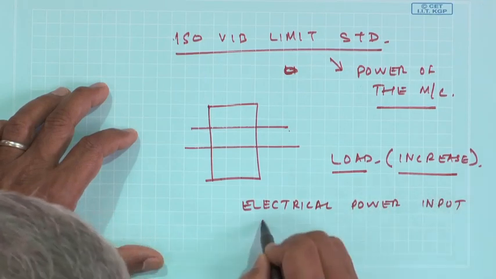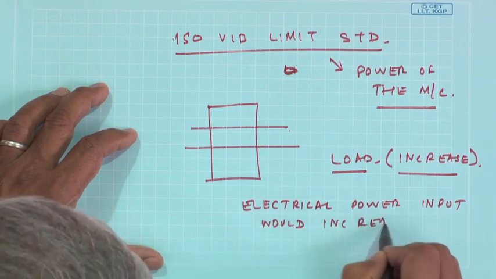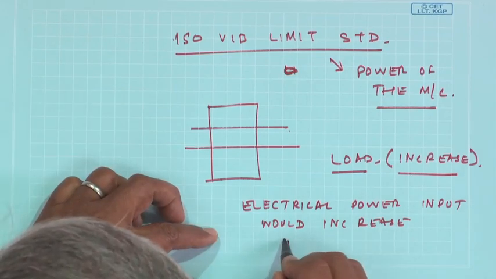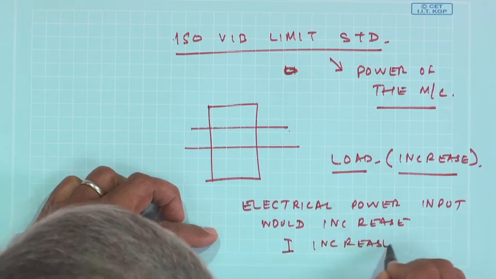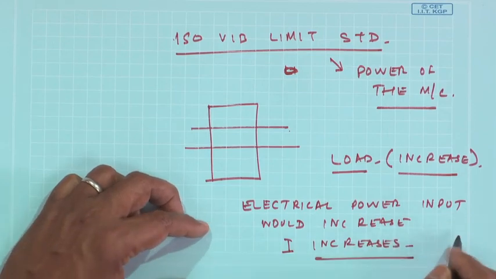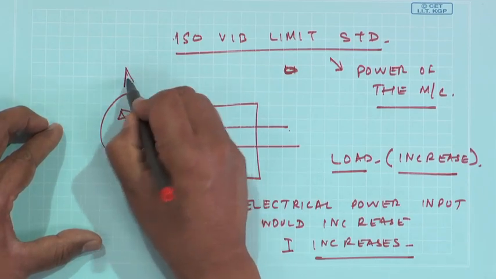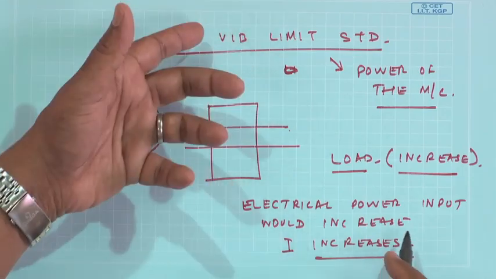Input would increase. So, for the same voltage, the current I increases. So, even just monitoring the current by a simple ammeter, it will give you an indication that it has become excessive and that there is something wrong.